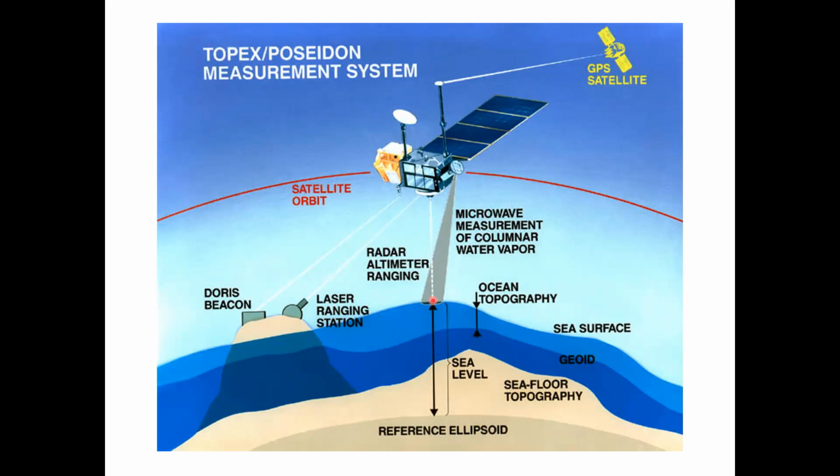So one important and fundamental requirement of such a mission is to know exactly and with the utmost accuracy the position of the satellite with respect to the geocenter. So we can make the best radar altimetric measurements, very precise, etc.